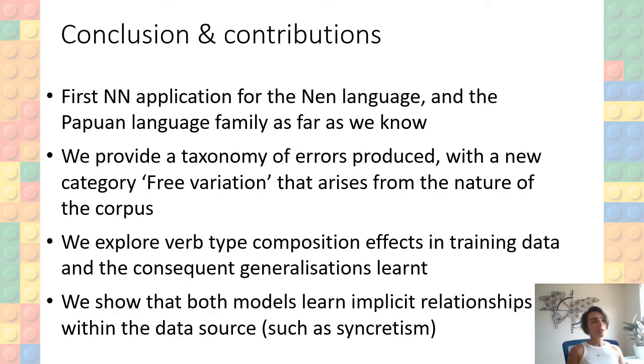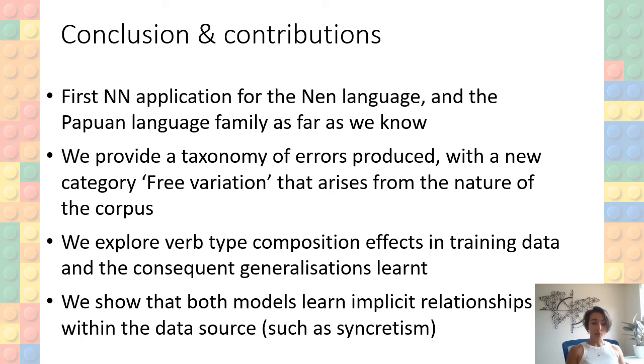In our paper, we show the first neural network application for the NEN language, and more generally the Papuan language family as far as we know, which is an important point because a lot of recent rhetoric in NLP has been about including more linguistically diverse languages.